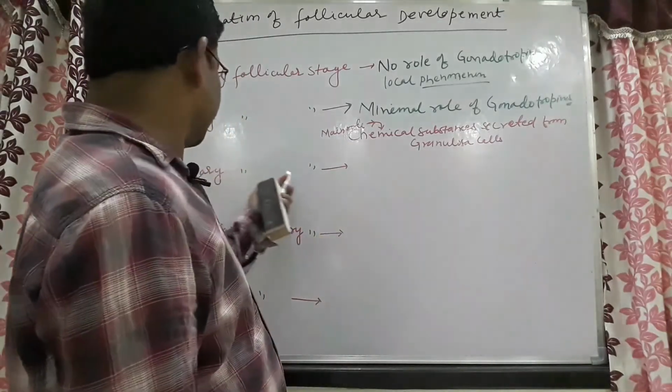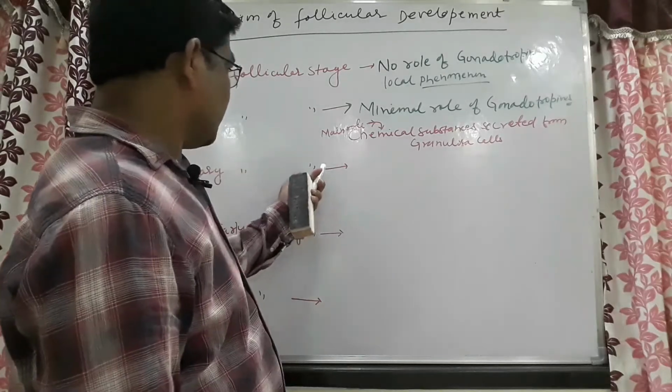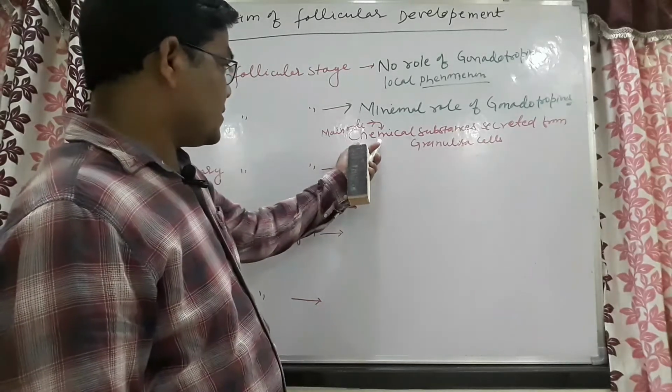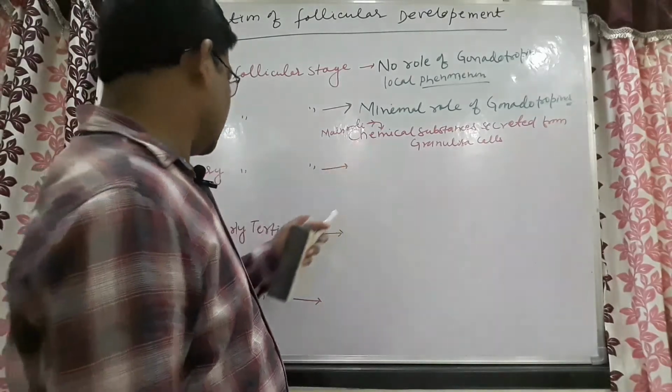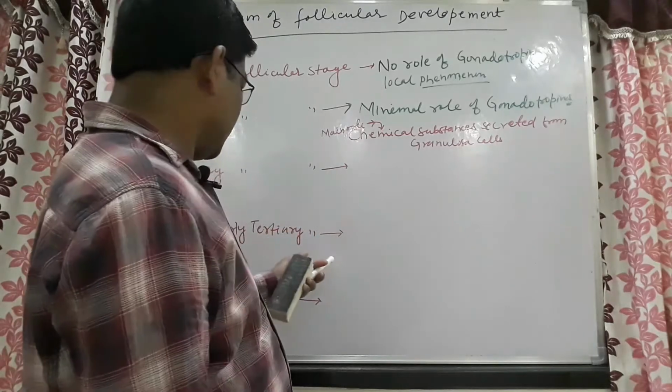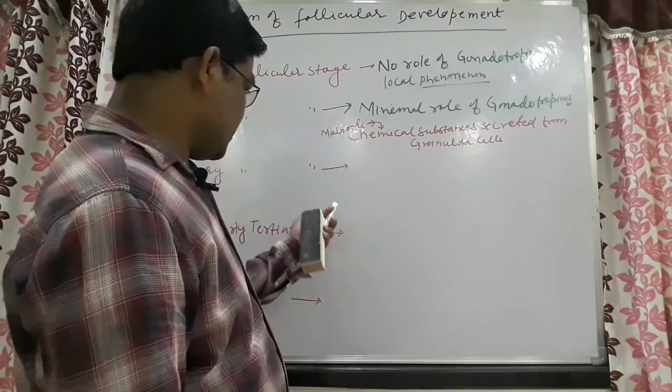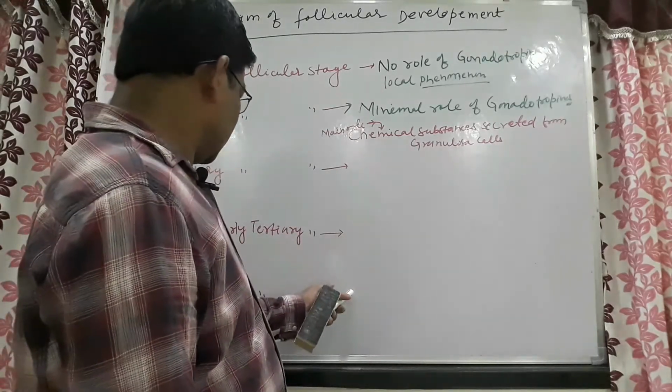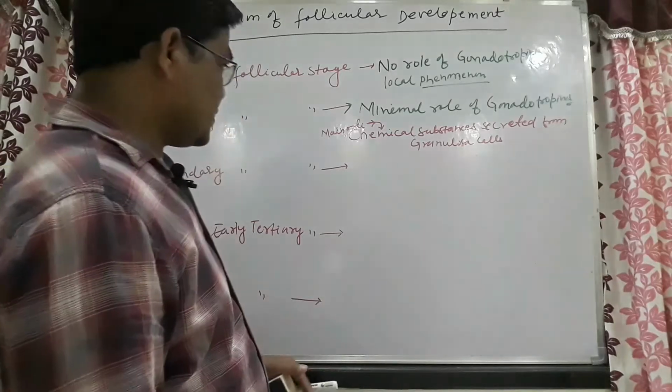Pretheca cells will be formed by these chemical substances, and later on those pretheca cells will get converted into theca cells in the tertiary follicular stage.